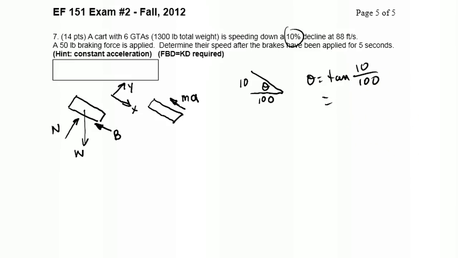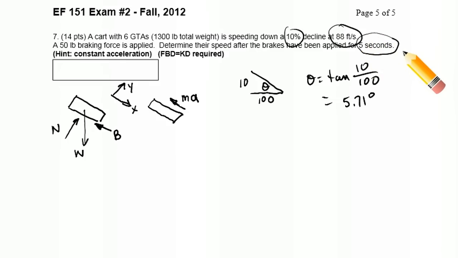So that comes out to be 5.71 degrees. And that just makes that number a little bit easier to work with. They start off at 88 feet per second, and then after 5 seconds we want to find their speed.